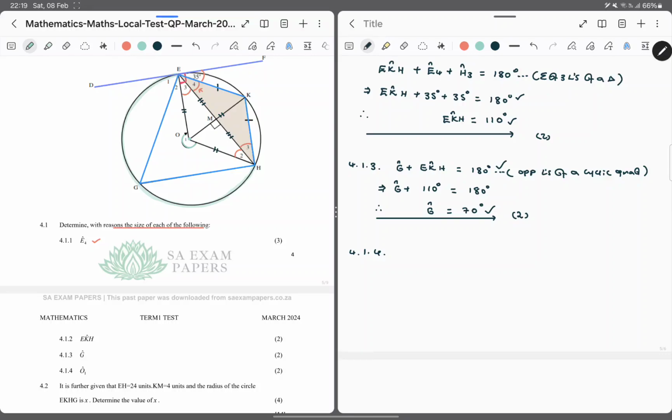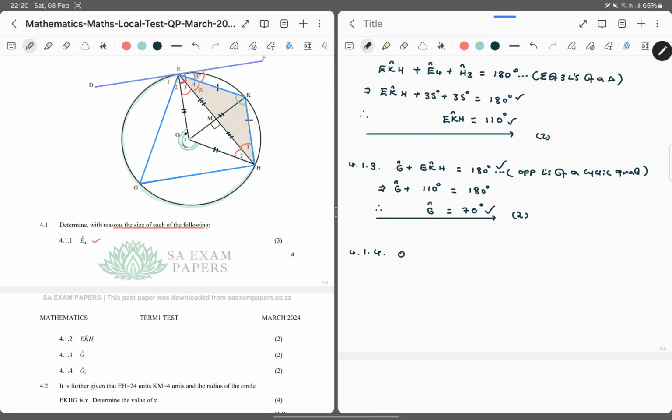This should be equal to, in fact, twice that angle, because that same arc subtends that angle at circumference. So we are good.